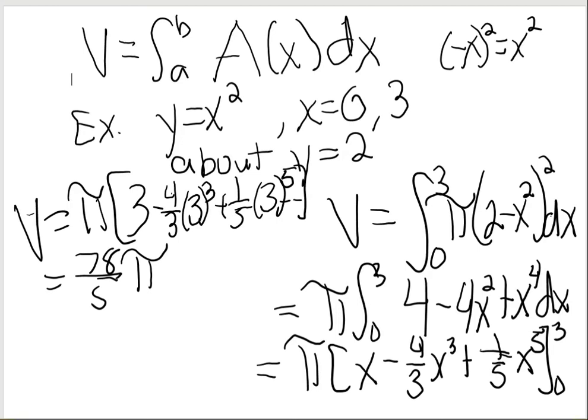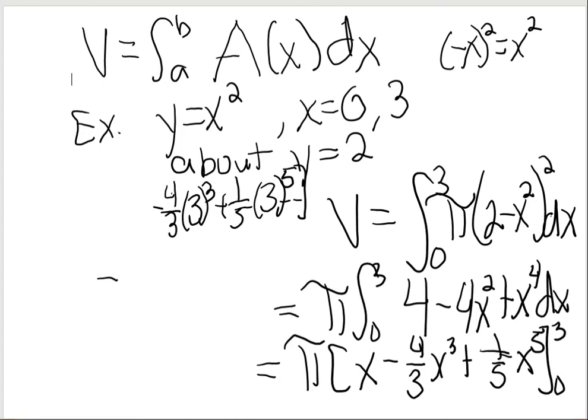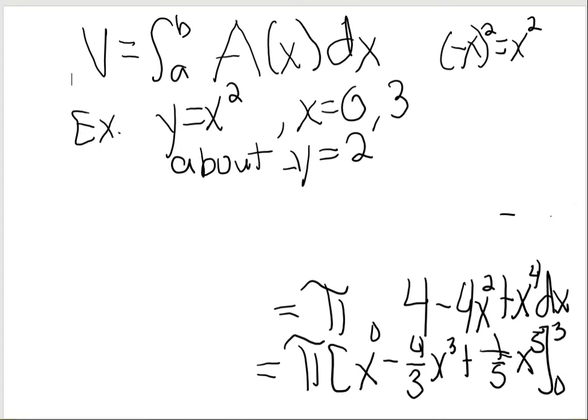Now these were both with the sort of disk method approach. Why don't we do one that's more in that washer method style? Remember when we had our top function and bottom function?